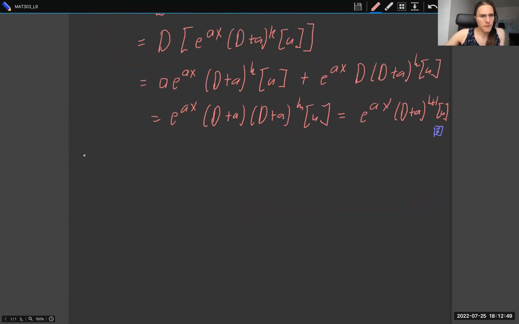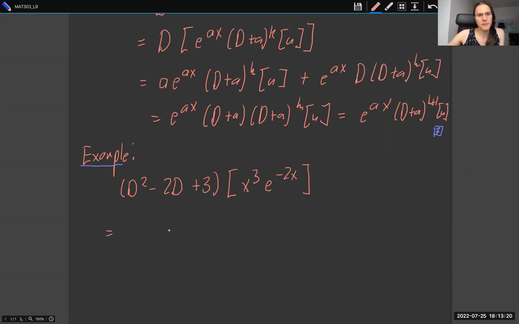So here, I'll do an example. Let's say we have something like D squared minus 2D plus 3 applied to x cubed e to the negative 2x. Well, the left-hand side can be factored. How does it factor? Yes, it does factor.